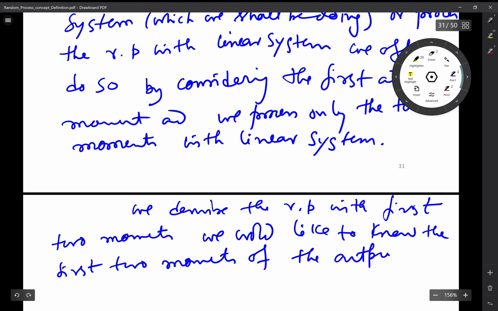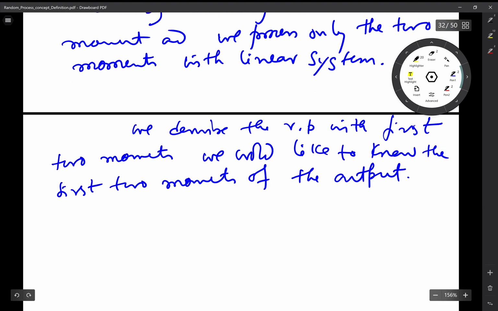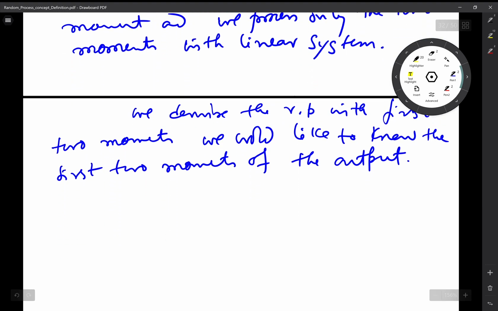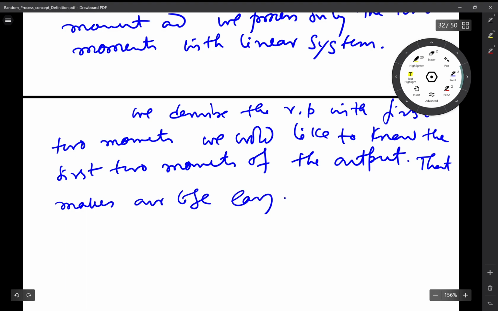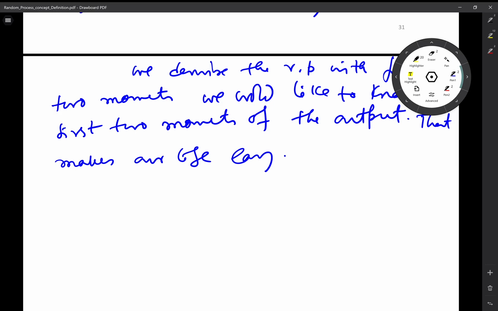So that makes our life much simpler and easier. So what are these two moments that we'll describe now?